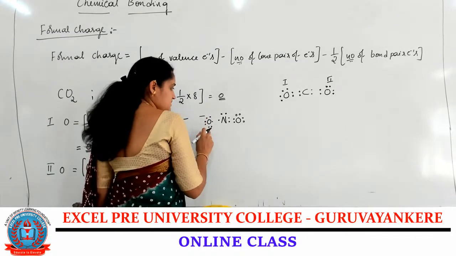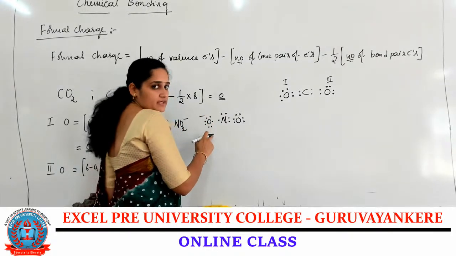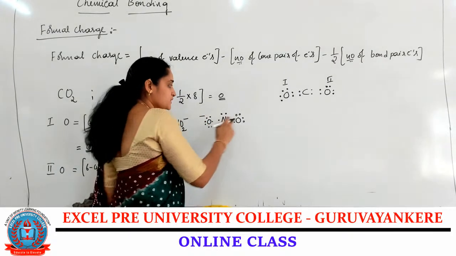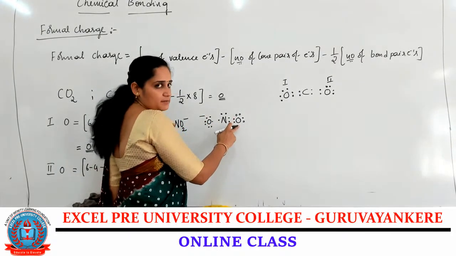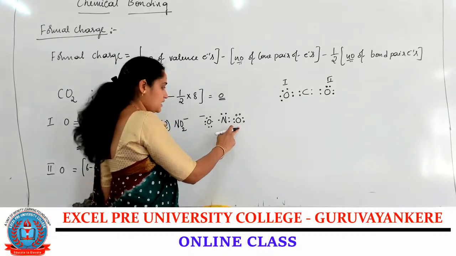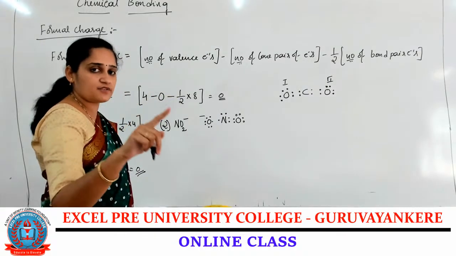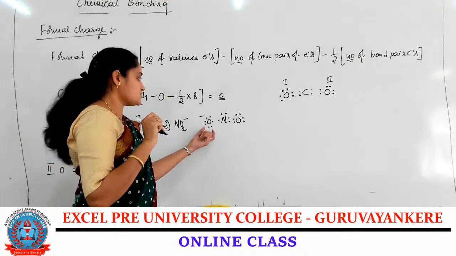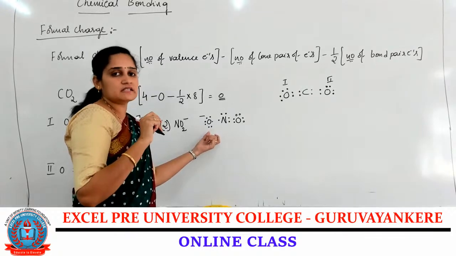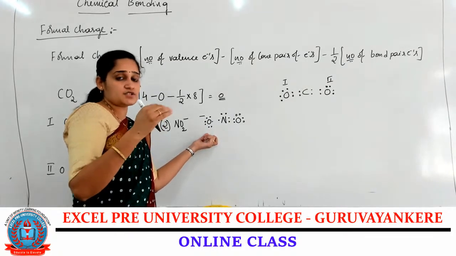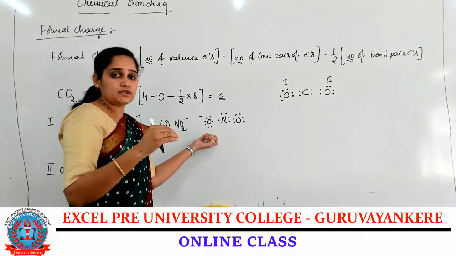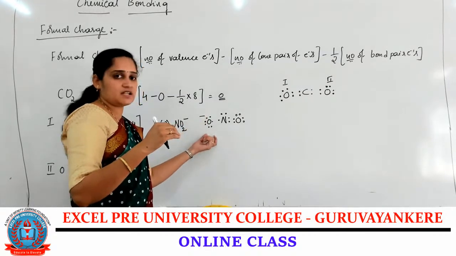This oxygen carries a negative charge because an excess number of electrons is present on the oxygen atom. Here also the same number of electrons is present, but the oxygen actually has to form 2 bond pairs, and it is forming only 1 bond pair. That's why this oxygen gets the negative charge. Excess electron concentration is present on the oxygen atom, so it gets the negative charge.